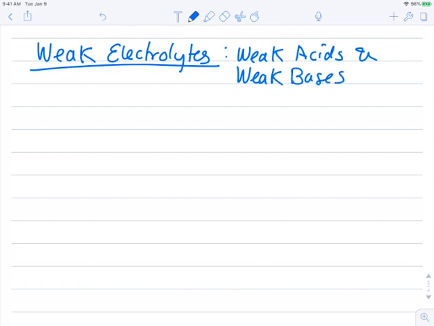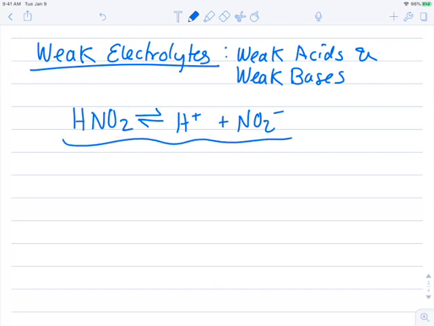So if we have something like HNO2, what we said is that it does break up, but it also gets back together. So it's considered a weak electrolyte and a weak acid because it breaks up and it gets back together. All of these live in solution at the same time.